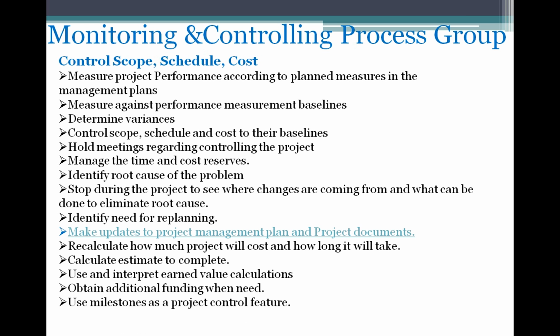Use milestones as a project control feature. The project has to achieve the milestones defined in the project management plan. So he always makes sure that the project is executing as per the milestones defined in the project management plan. At each milestone he determines whether the project is behind the schedule or ahead of the schedule.